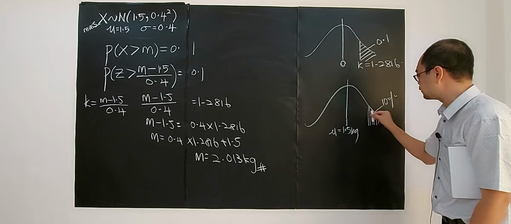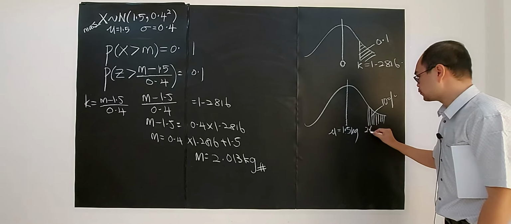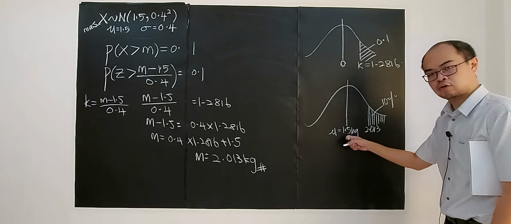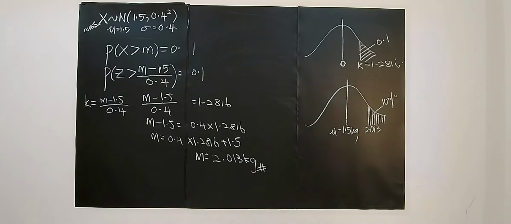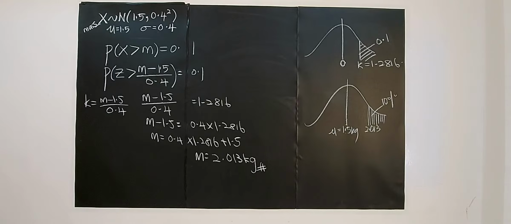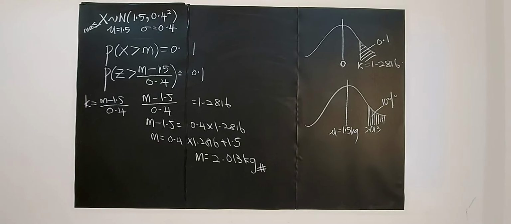And 10% is more than 2.013 kg, which is correct, since it's greater than the mean. So the answer for the mass here is 2.013 kg.